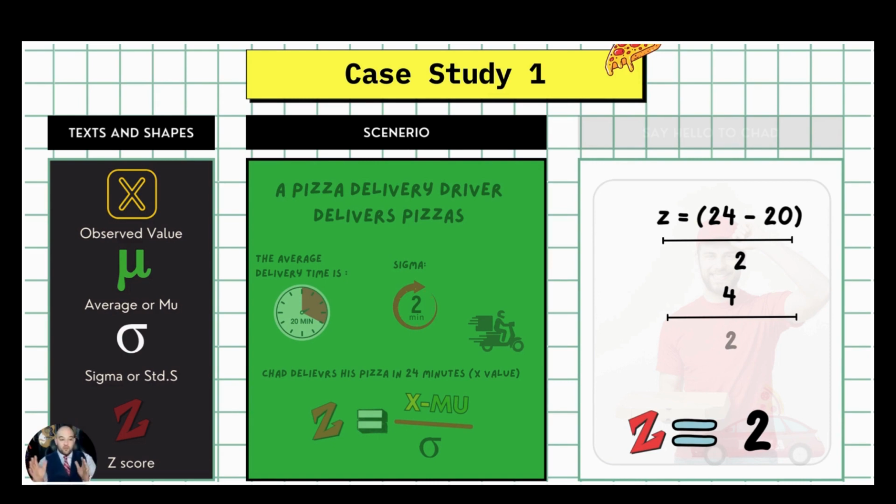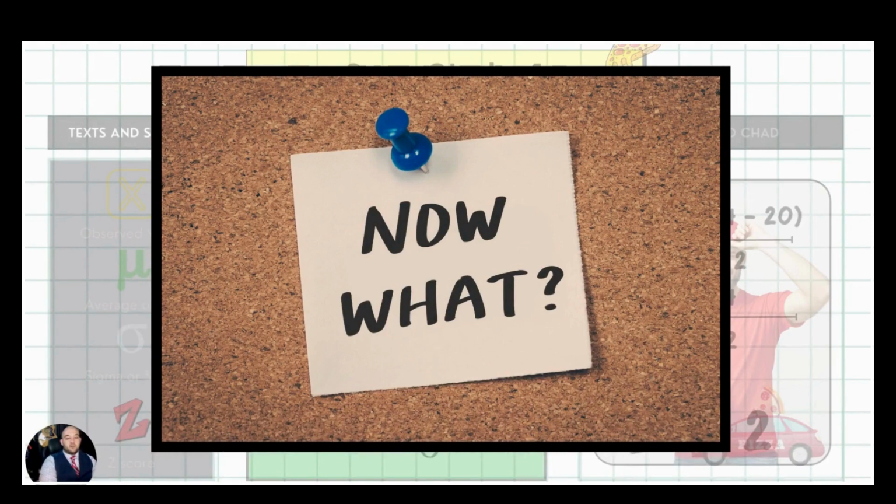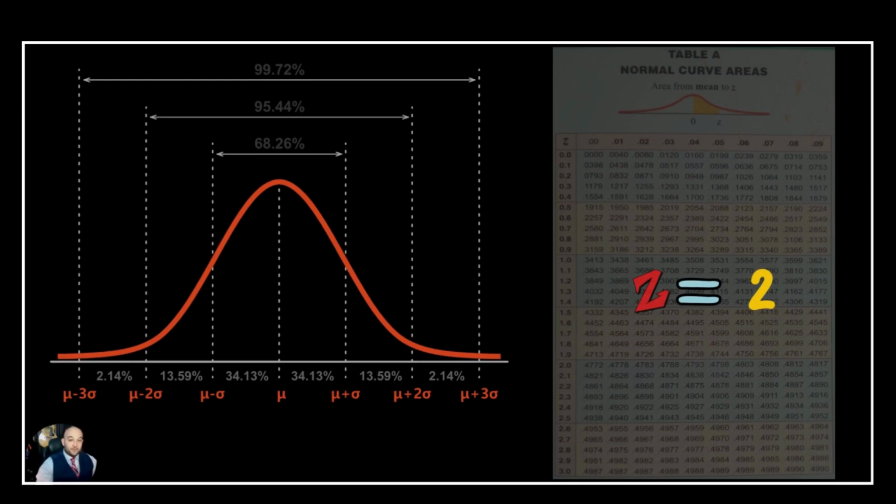So right there, you know we're looking at the side of the curve for the lesser metrics. Then we're going to divide that by 2. So we get 4 over 2, which is going to equal 2. Well, what do I do now? This is where we have something called a probability table.